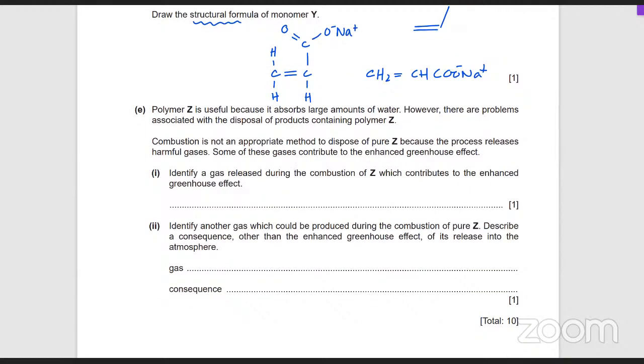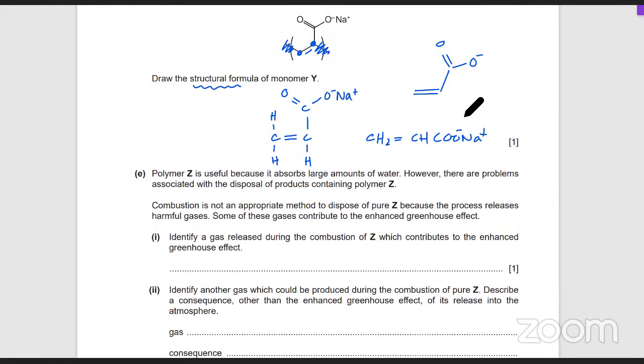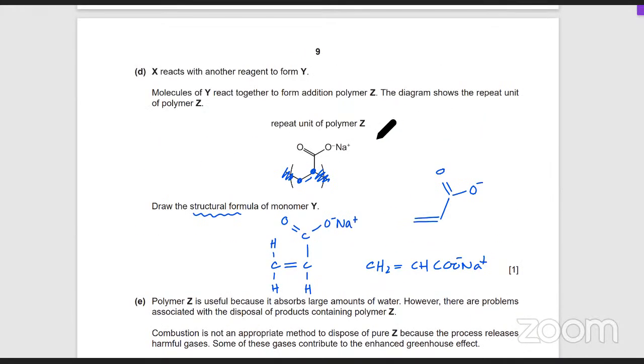As a polymer, Z is useful because it absorbs large amounts of water. So tell me why. Where's Z? As this is polymer Z. Why does it absorb large amounts of water? What's the reason for this? Why would anything absorb water? What is necessary for absorption of water in terms of intermolecular forces?